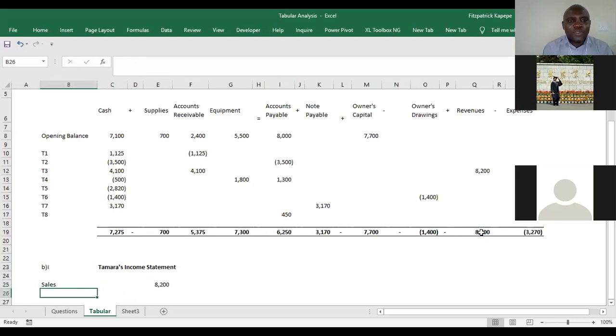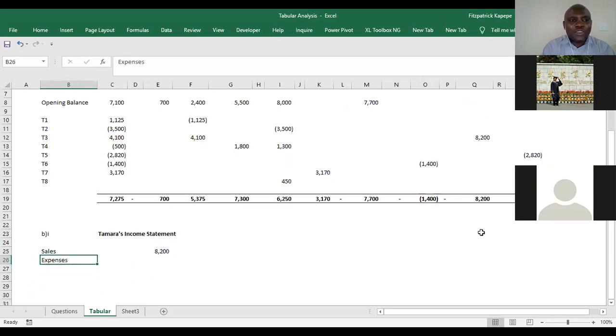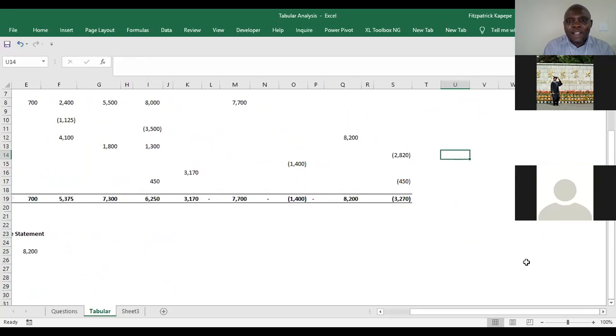Then now we go to the expenses. Under expenses, I think it would not be advisable to just take the total down there, 327.